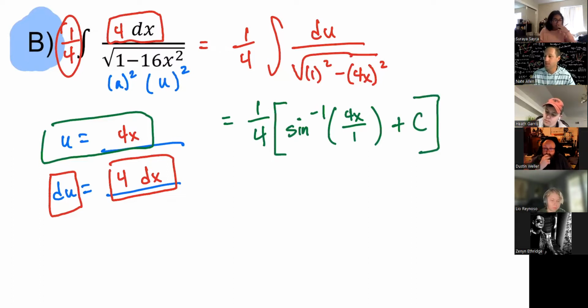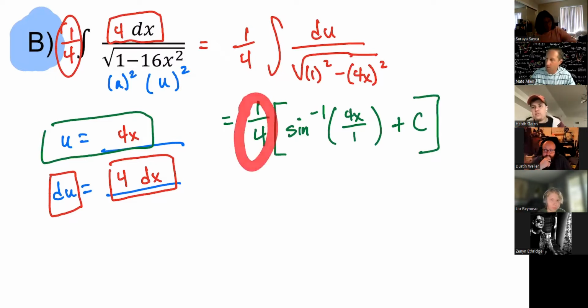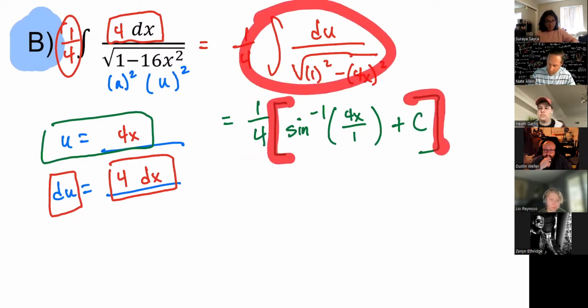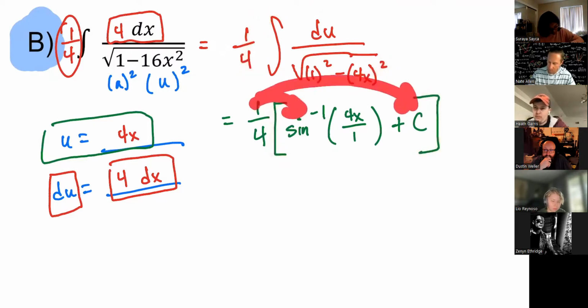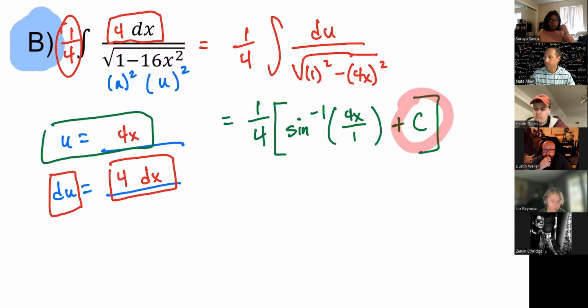And now here's one thing I was talking about with Amanda yesterday when she came by the office to get a little bit of help with these. When we take the 1/4, and technically we did all of this and got all of that, we should actually be distributing that 1/4 to both of these, right? But what does the C stand for? Any constant.